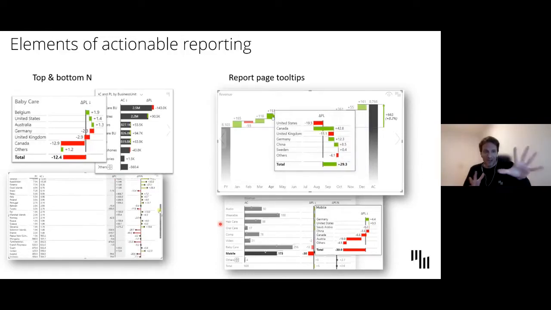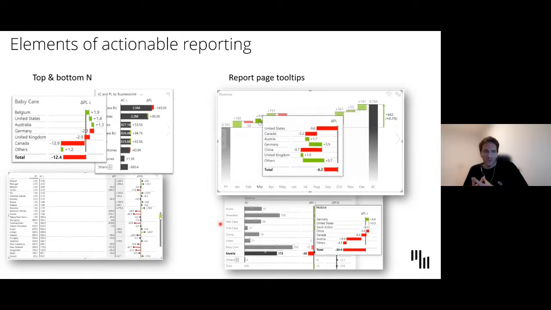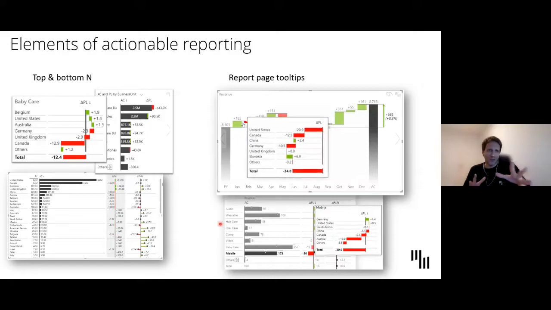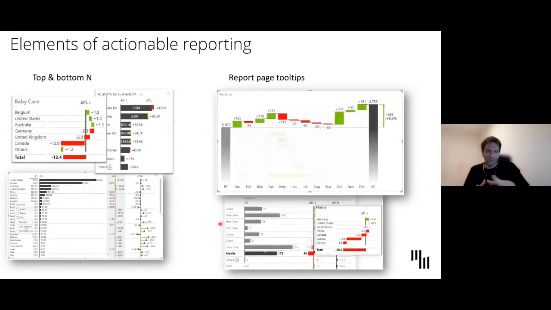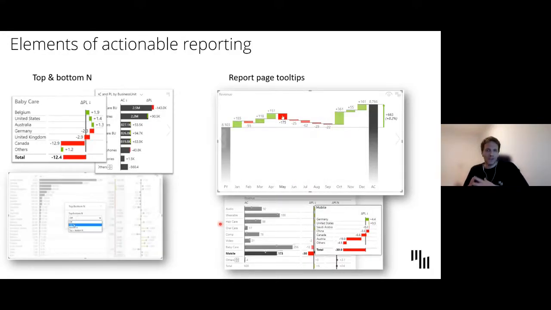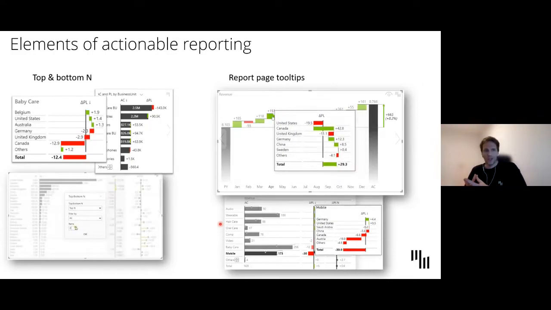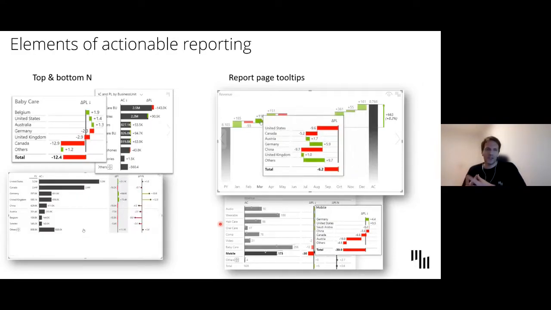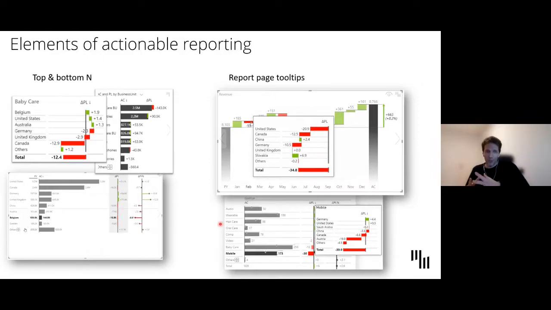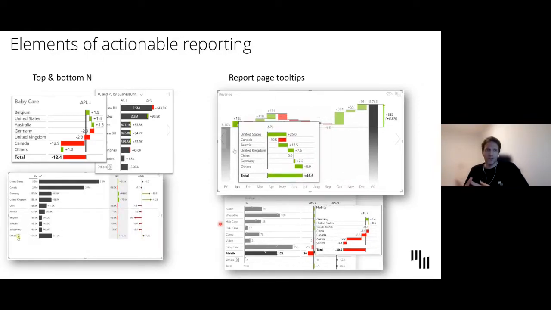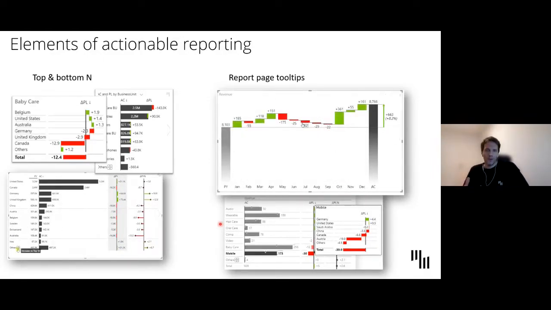Okay, now we have the next two elements. These ones are a bit more specific. So the first one is the so-called top and bottom N. This is a feature that I will demonstrate later on, but essentially this is the feature that can help you organize your data in a smarter way. With that feature, you can actually focus on what really matters.